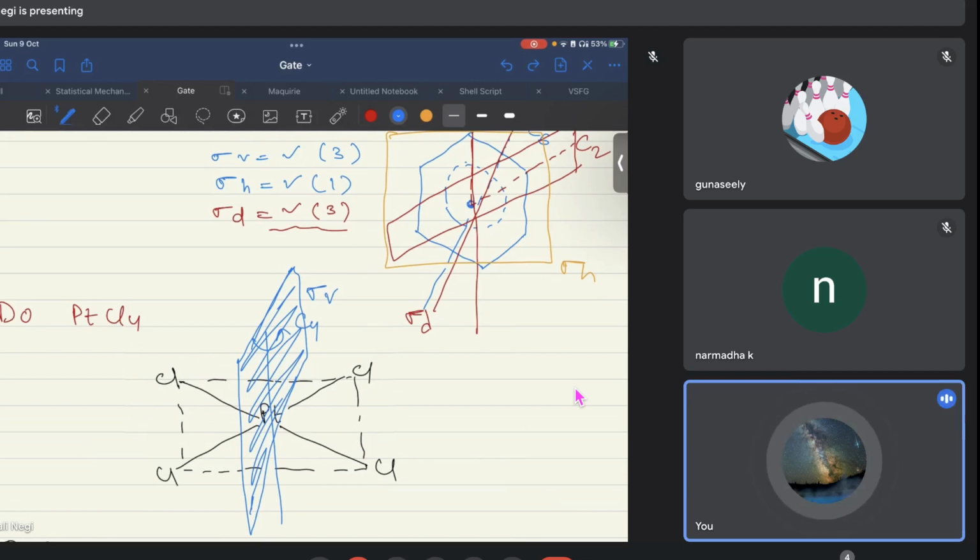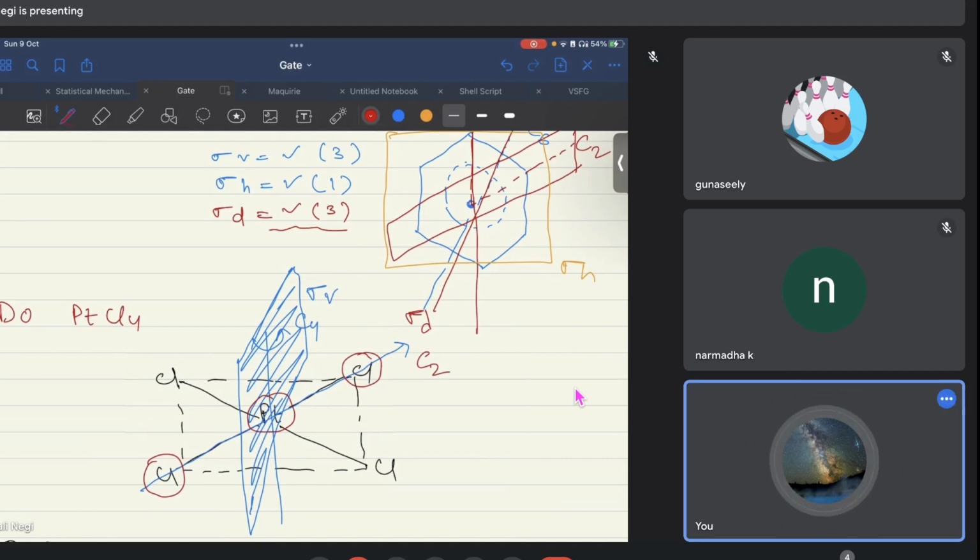And for sigma d, if I am talking about it, with this particular three atoms, one chlorine, metal, again chlorine, if there is a C2, yes, there is a C2, because it will give me the configuration again after 180 degree rotation.